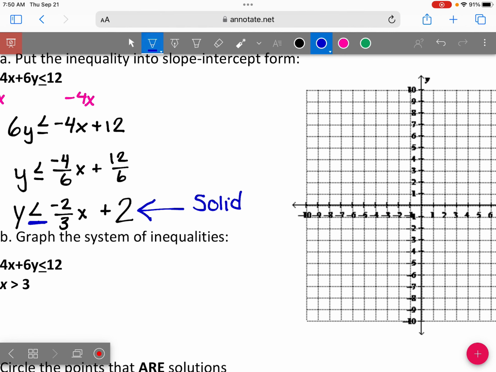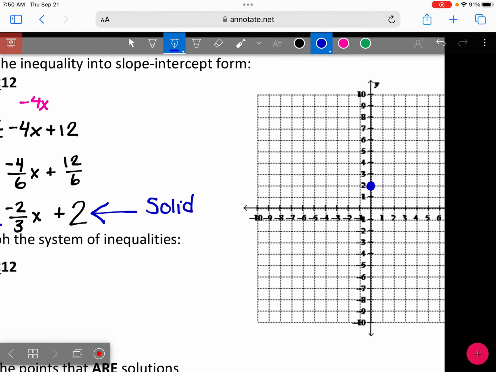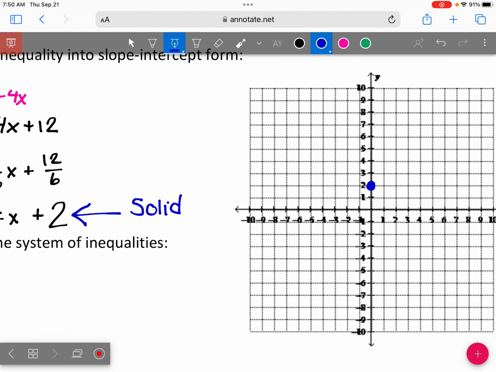Where do I start? 2 on my y-axis. How do I move? Down 2, right 3. Down 2, right 3.